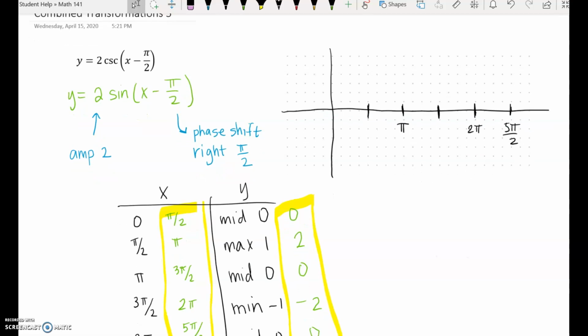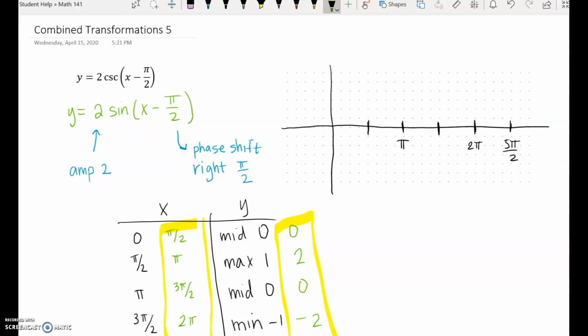Okay. So for my graph, I'm going to start at pi over 2. Right? I've got the point pi over 2 comma 0. And then my max, I'm going to stretch this out. Actually, let's do this here. Have that be 2.